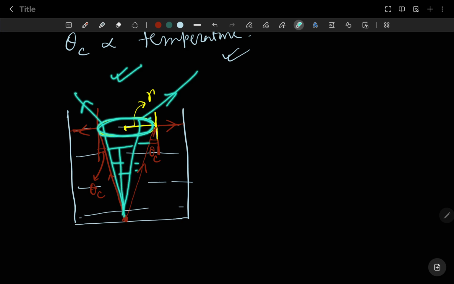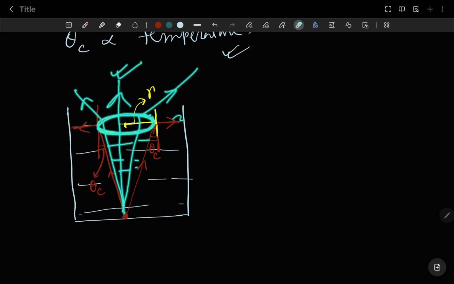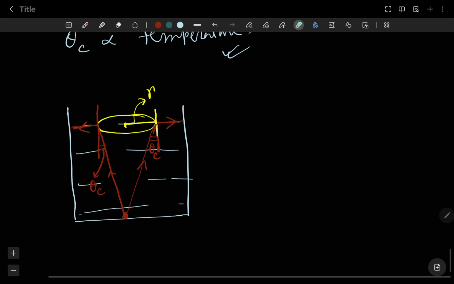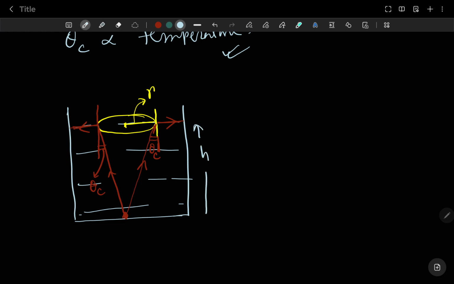So they ask you: what is the radius of the circular area at the interface through which a light ray can come out from the denser medium to the rarer medium, from a light source which is placed at a depth of h inside the denser medium?